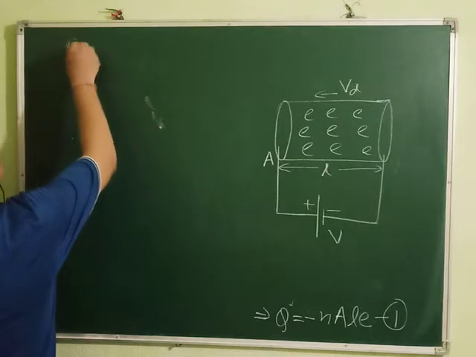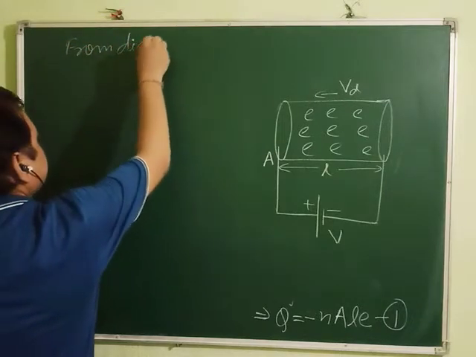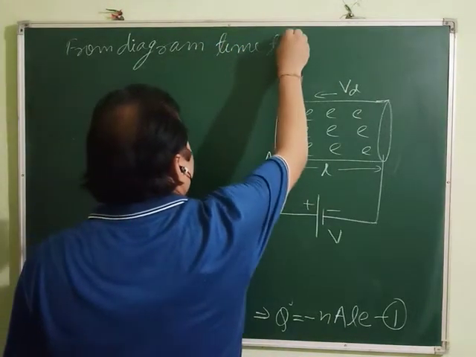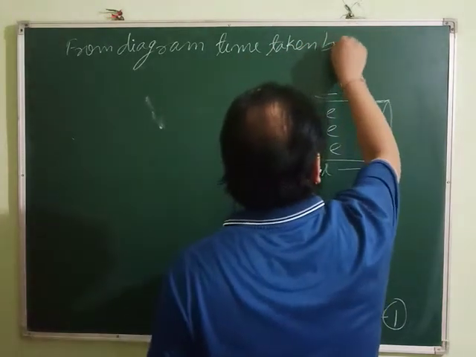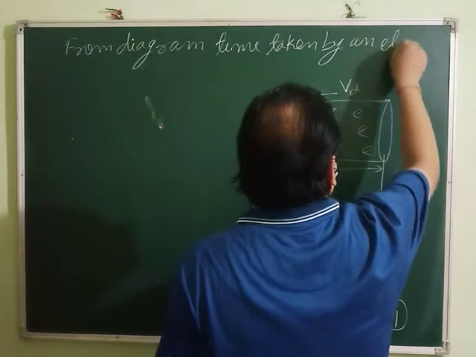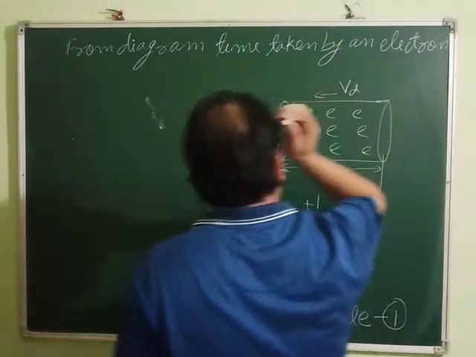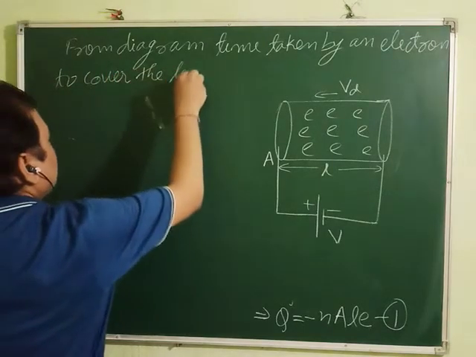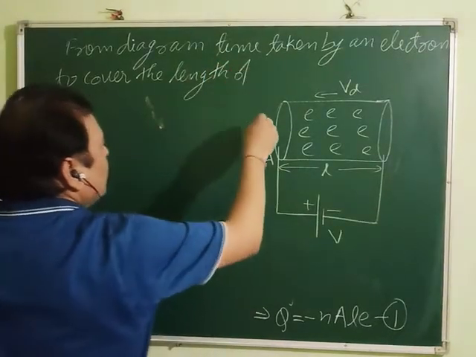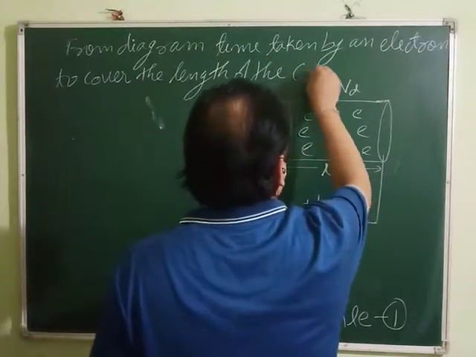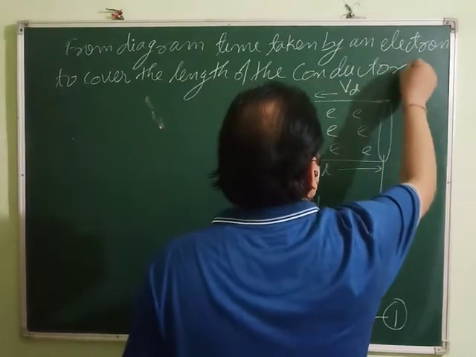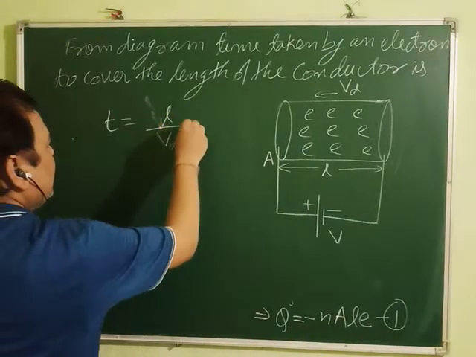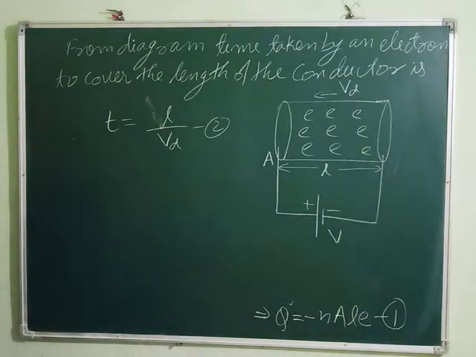From the diagram, the time taken by an electron to cover the length of the conductor is T equals distance by speed, that is L by Vd. This is our equation 2. All of you agree to this?